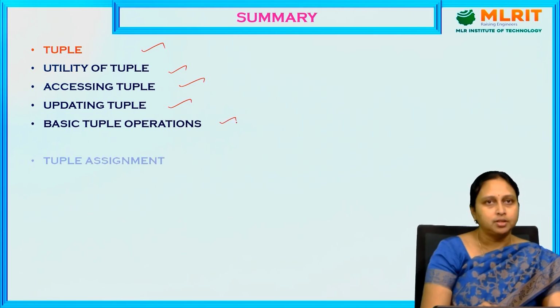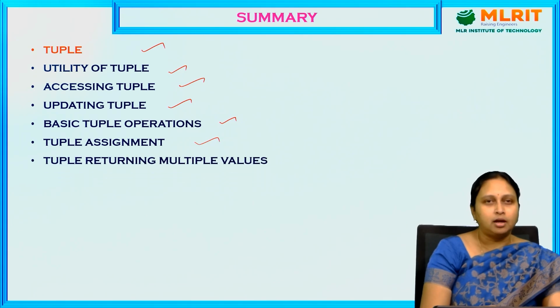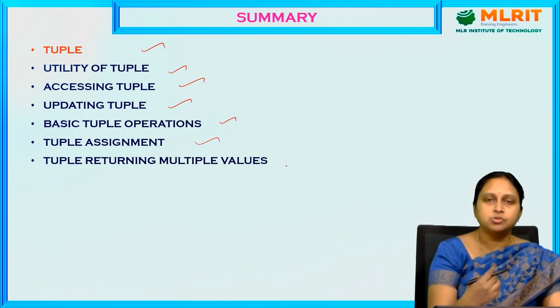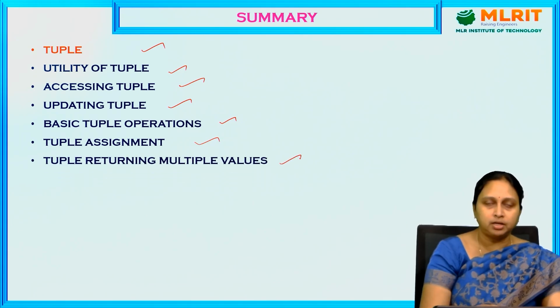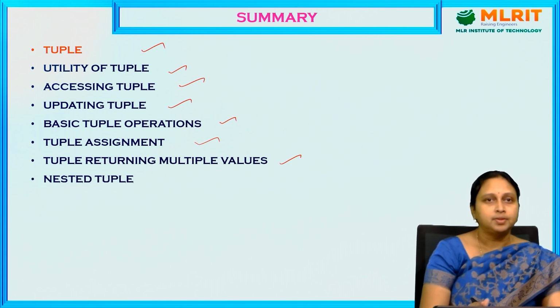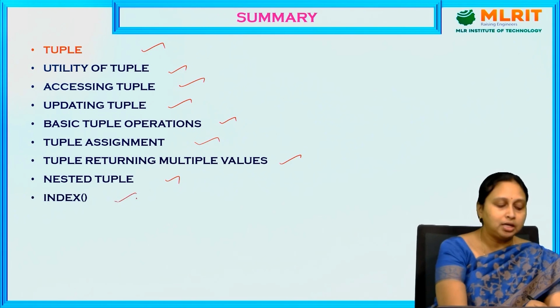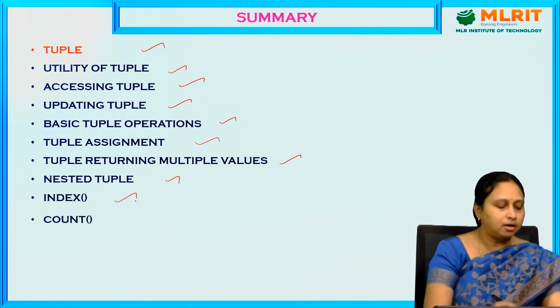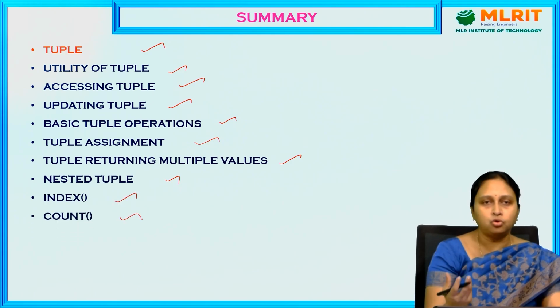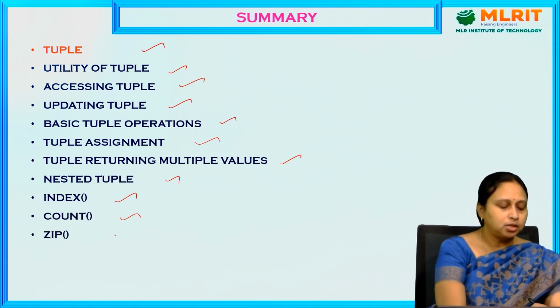We have seen how multiple values are accessed and printed, by taking the example of the min-max function. We have seen what a nested tuple is, how we can place another tuple within one tuple and how we can access them. We have seen the use of the index function, how you can find the count of values in a given tuple, and the last one is the zip function.